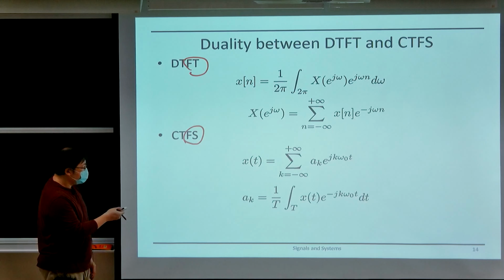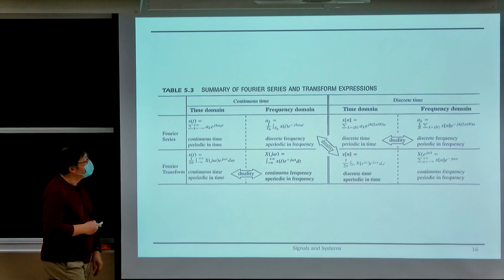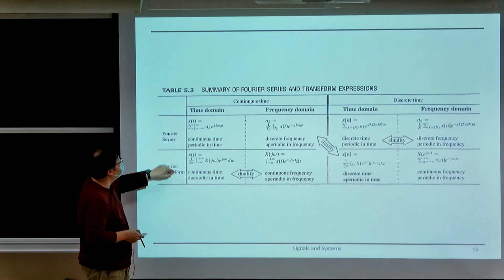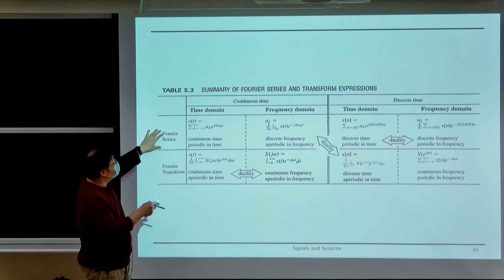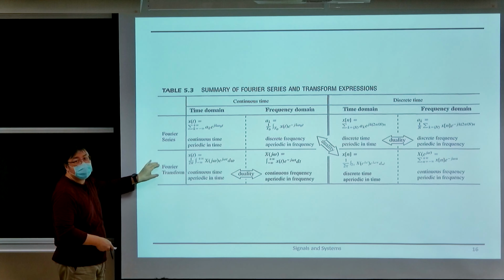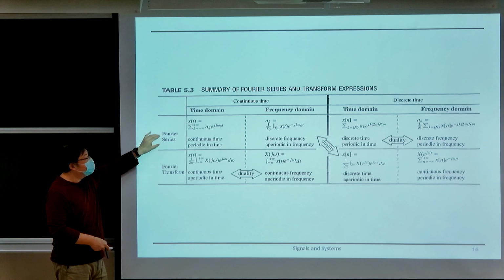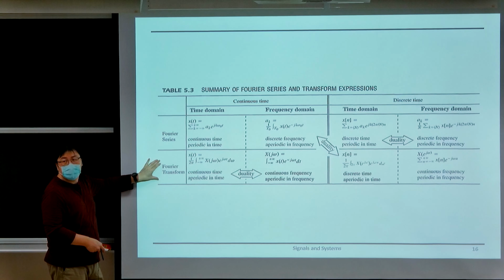So you can summarize where you see this dual relationship through this table here, okay? So here we have continuous time, discrete time, Fourier series, and Fourier transform, okay? Again, Fourier series corresponds to periodic signals. Fourier transform applies to aperiodic signals, okay?